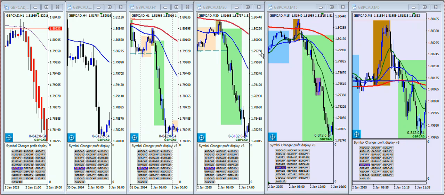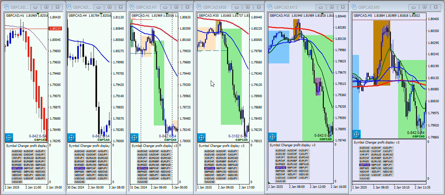So in this case, we have at least 2 time frames with the moving averages alignment. That is, the 50 exponential moving average below the 200. So we have it on the 5 minute, 15 minutes time frame, we have it on the 30 minutes time frame, and we also have it on the 1 hour time frame. Right, so we are good to go on this.